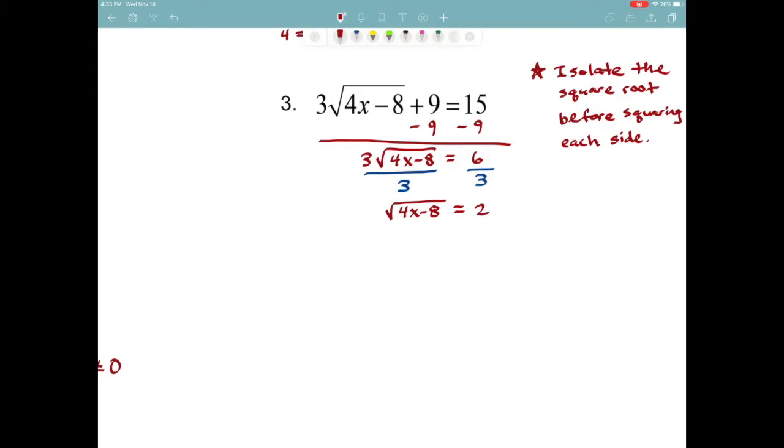Well, we know the square root of 4 equals 2, but we can illustrate this by squaring both sides to get rid of the square root. We now have 4x minus 8 equals 4. We're going to add 8 to each side. So 4x equals 12, and we'll get that x equals 3.